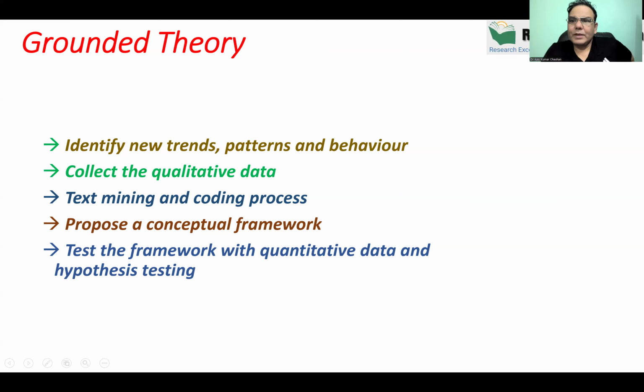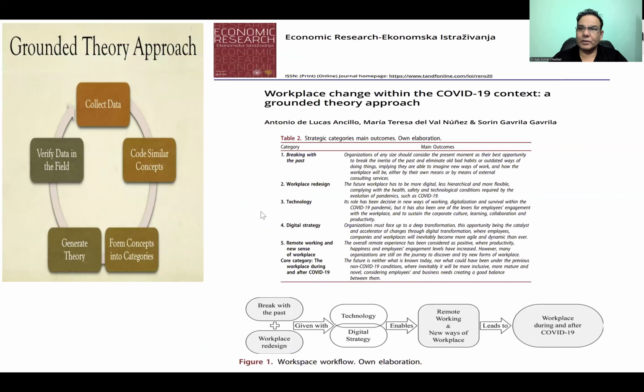The coding process is a kind of identifying the important keywords and statements in the document. Then we propose a conceptual framework. Every grounded theory approach must end with a new conceptual framework. And then you can test the framework with quantitative data and hypothesis testing. Like, I'm giving you one example.